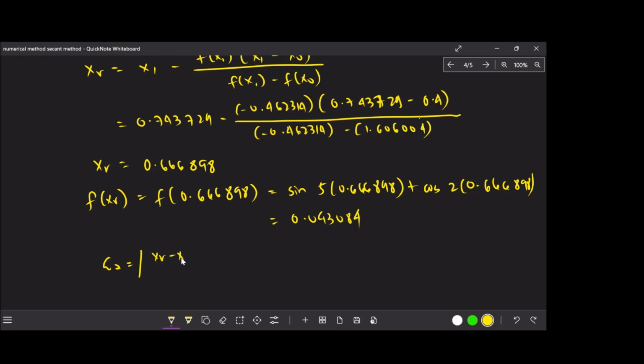So you have xr minus x1 over xr. So we have 0.666898 minus our x1, which is 0.743729, all over 0.666898.